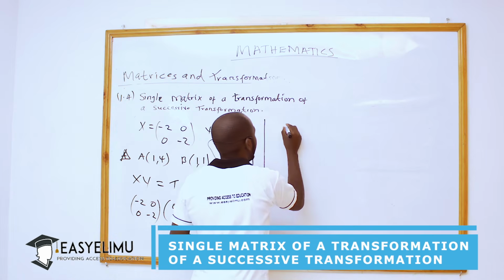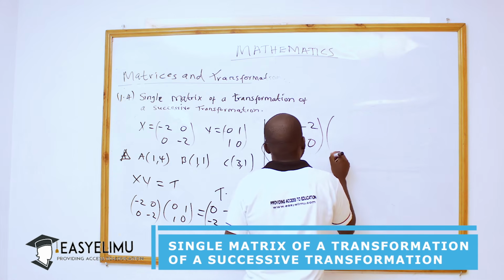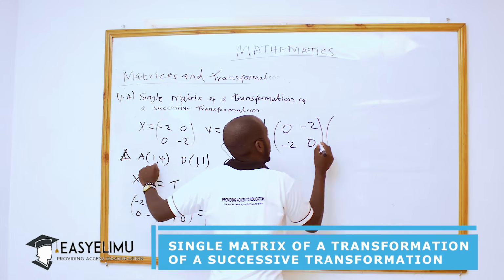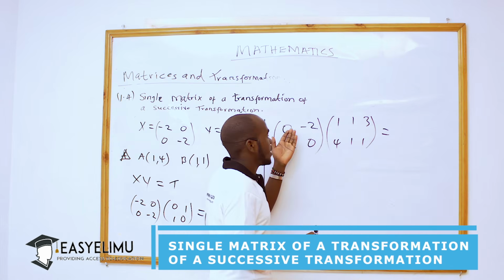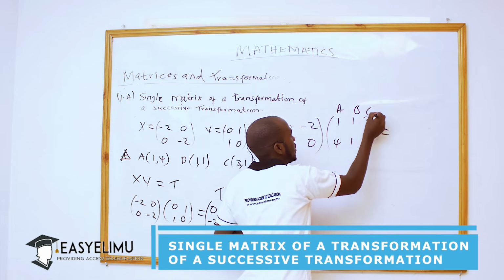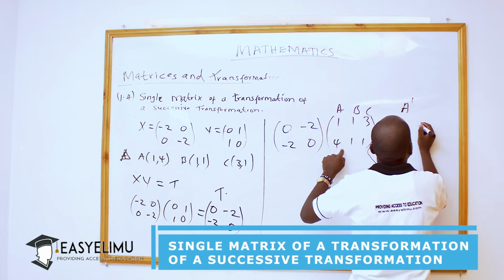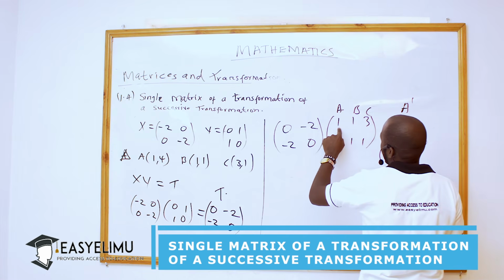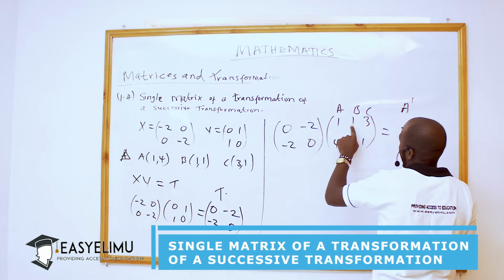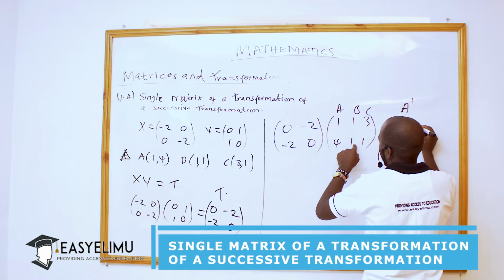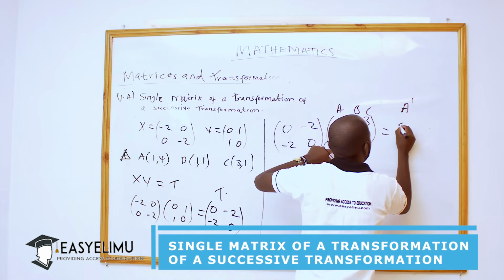Now, when you subject 0, negative 2, negative 2, 0, to triangle ABC, which can be written with position vectors 1, 4, 1, 1, and 3, 1, we shall find the image. 0 by 1 plus negative 2 by 4, we get the first coordinate being negative 8.